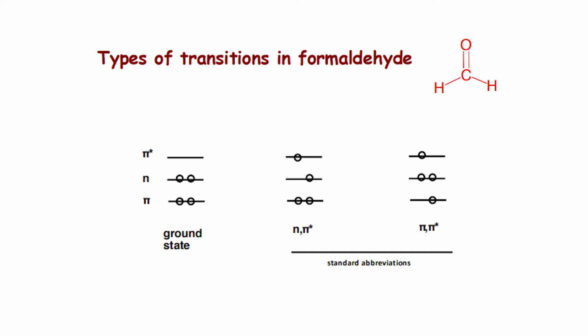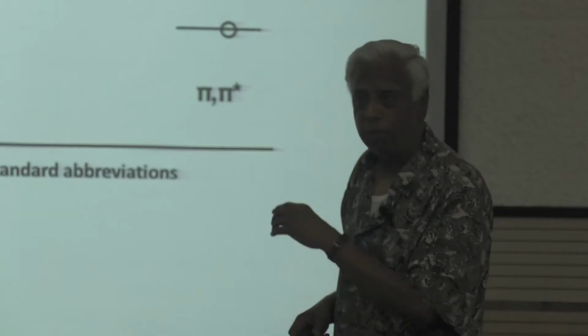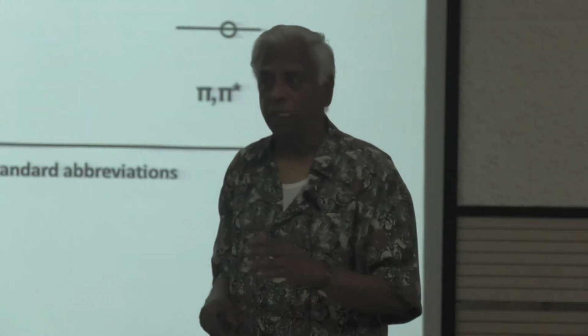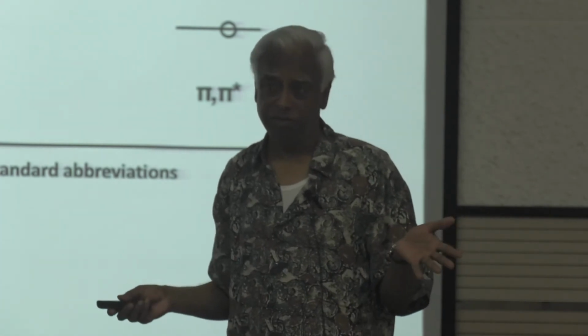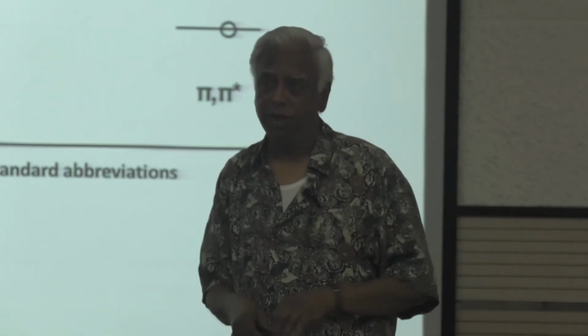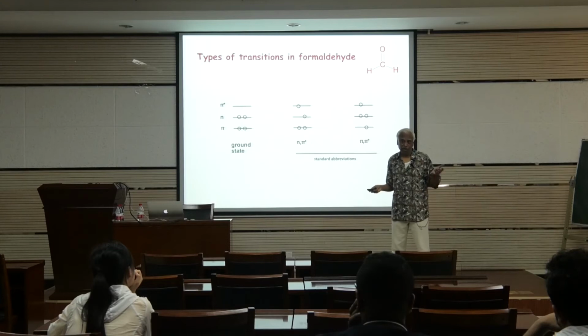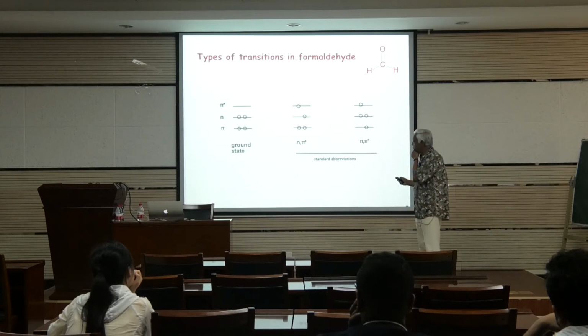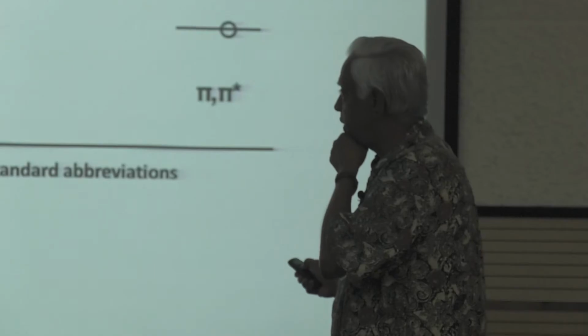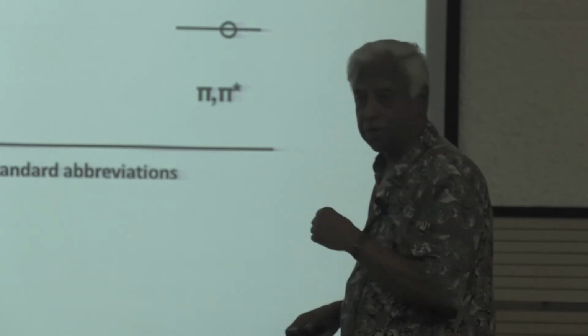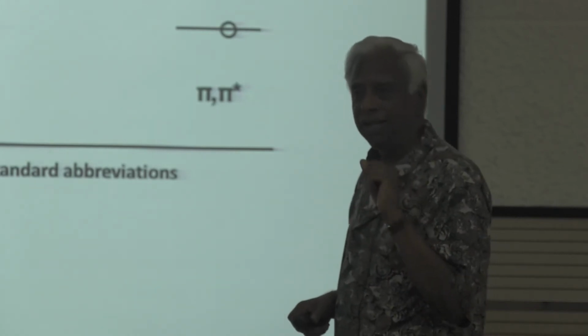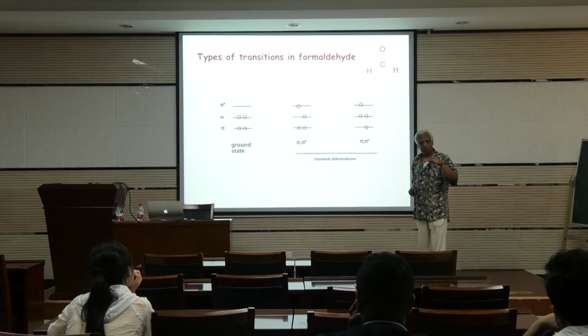There are 2 electrons in the pi orbital, 1 electron in the n orbital, 1 electron in the pi star orbital. So if you want to tell somebody, you will say n to pi star. I have formaldehyde n to pi star in my pocket. Okay? That means there are going to be 2 electrons on the pi, 1 electron on the n, 1 electron in the pi star. That is one electronic configuration.